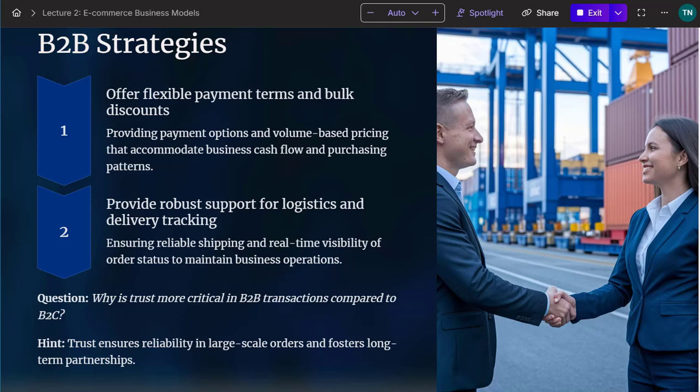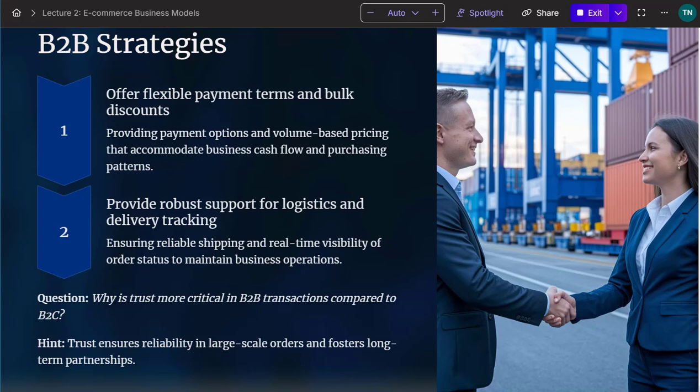B2B strategies, right? Businesses often make larger, more complex purchases compared to individual consumers. So trust is paramount to ensure reliable delivery and support. By offering flexible payment terms and bulk discounts, we can accommodate the unique cash flow and purchasing patterns of our B2B customers.